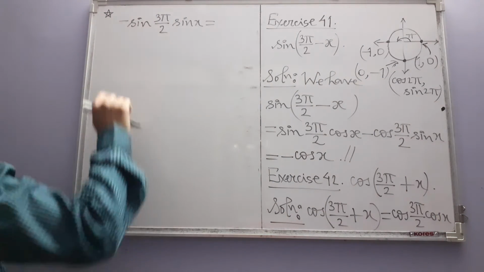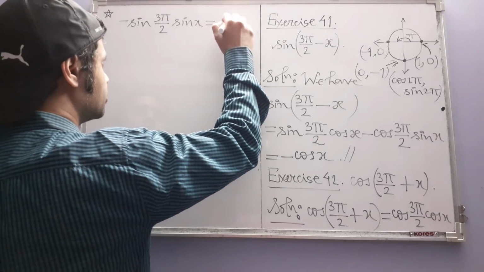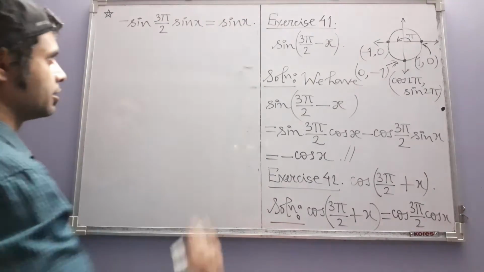So that minus and this minus would become plus and would give us sin x.